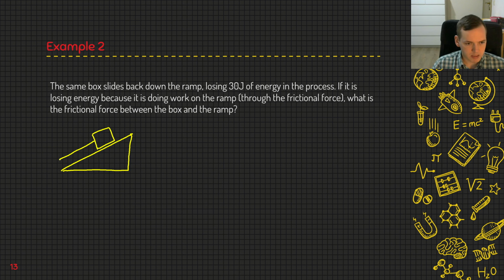And we're going to assume it slides that same distance of delta x equals negative 1.5 meters. And there's some unknown frictional force up the ramp.